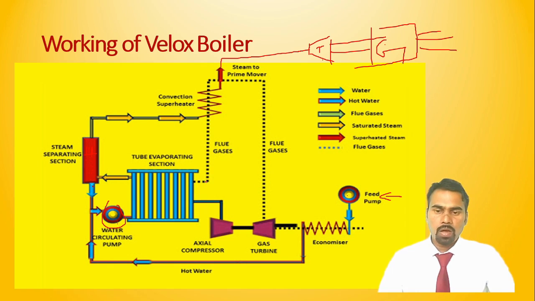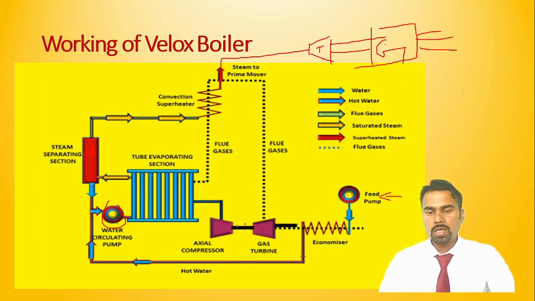Now see, after giving heat energy to this steam, these flue gases we send on to the turbine blades, where the turbine gets rotated, or the rotation of this shaft takes place.